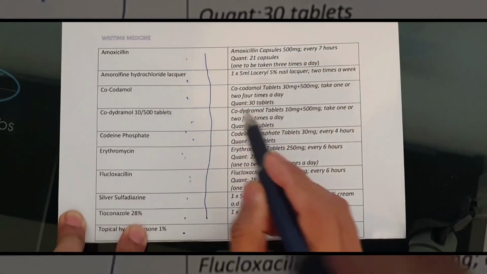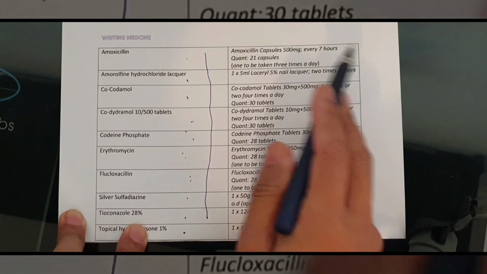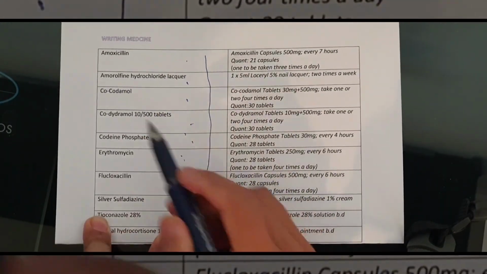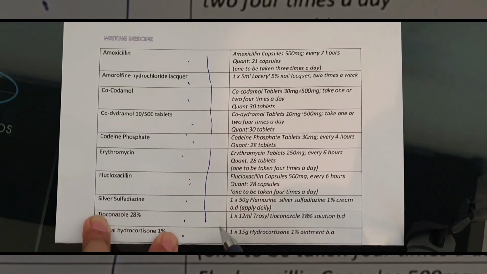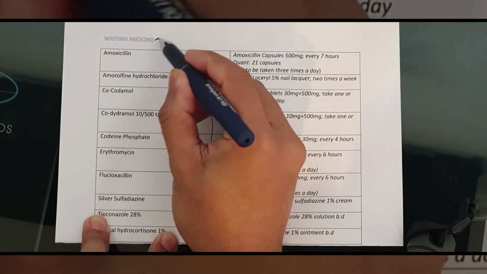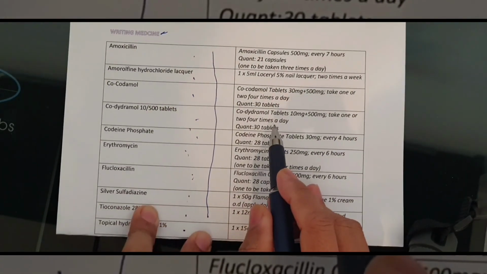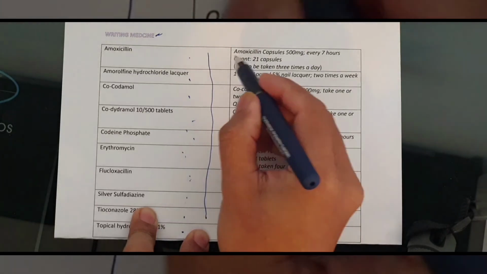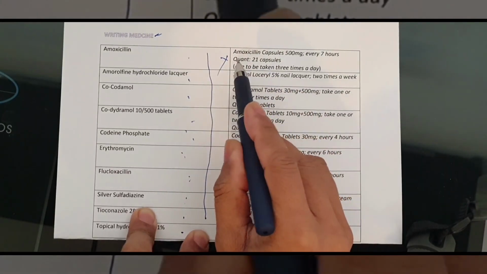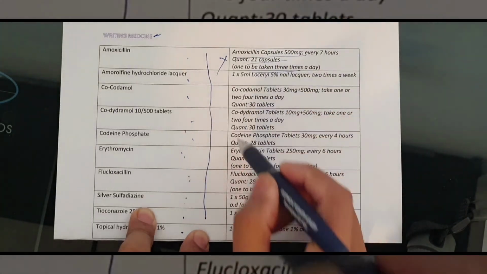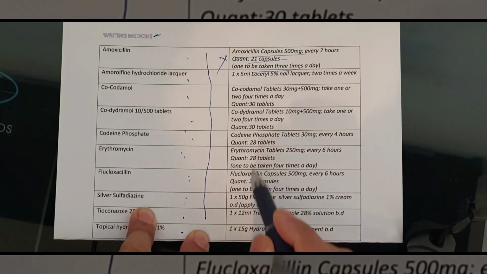Right, so I just make a leaflet out of it and laminate this paper. So I've written the medicine out, so I just know exactly how to write. For example, if I want to give a patient amoxicillin, this is how I've written it out to the pharmacist. So you can do that for all of them, right?